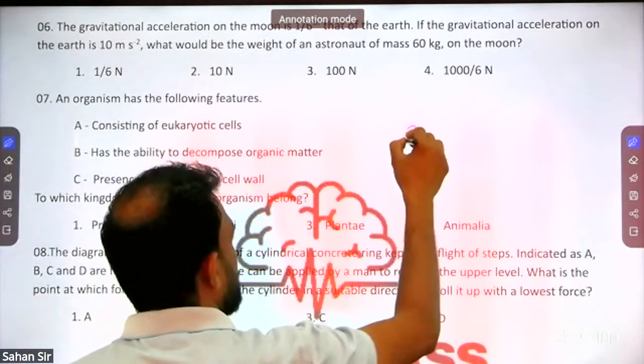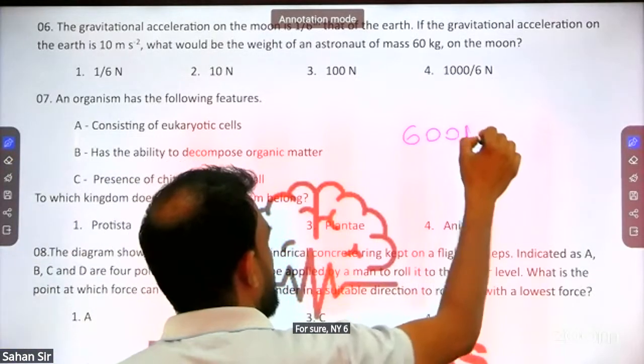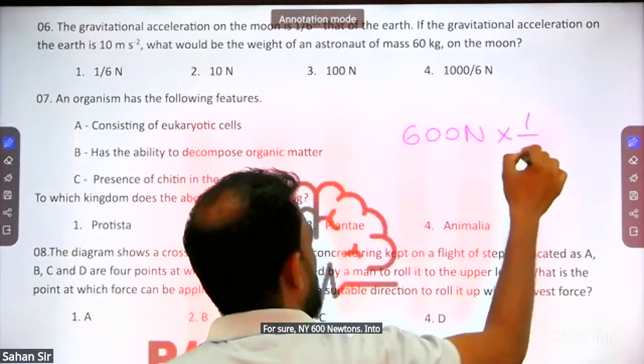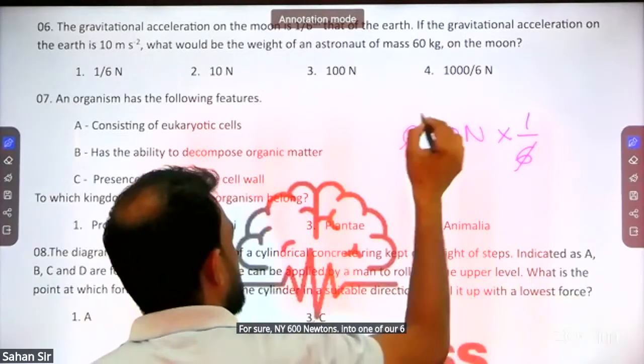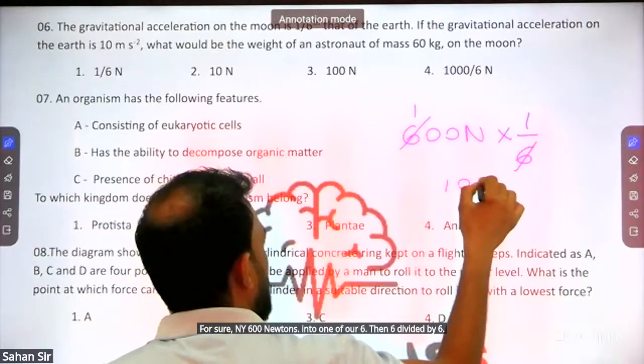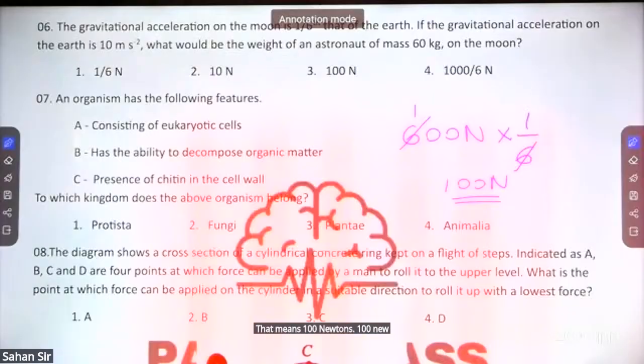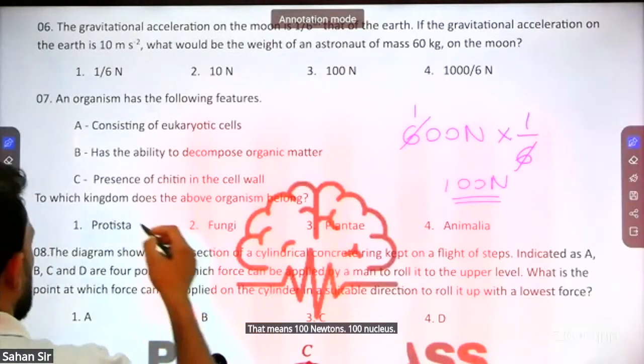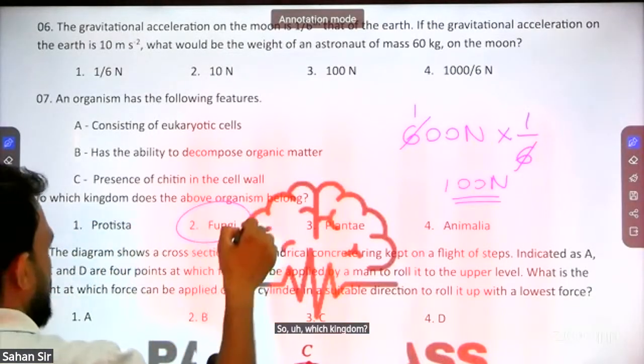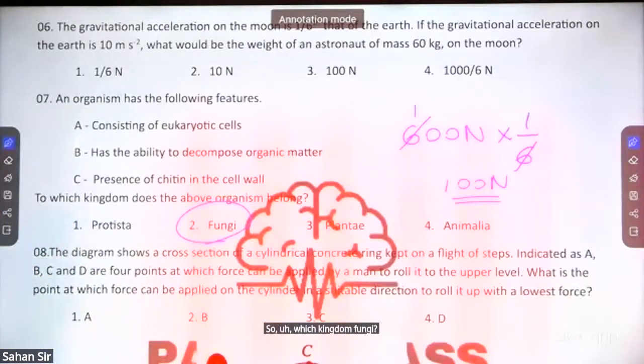Question: why? 600 newtons into 1 over 6, then 6 divided by 6, that means 100 newtons. So which kingdom? Kingdom Fungi.